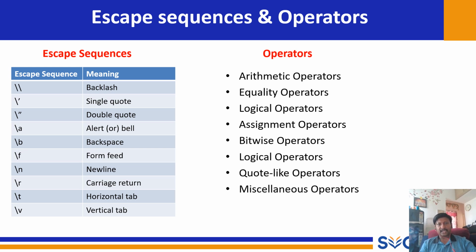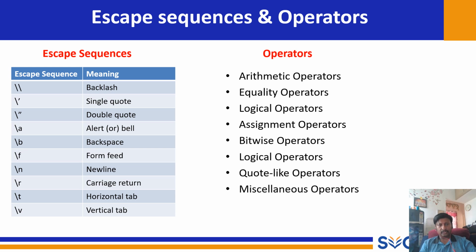First, we discuss the escape sequences and the types of operators present in Perl. You find escape sequences in C, Java, and R programming language, but here in Perl we have more options when compared to these languages. For example, the double slash we call a backslash.